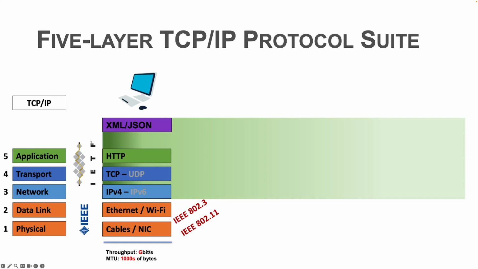However, one issue with this protocol suite is that it has been designed for Ethernet and/or Wi-Fi based technologies that come with high bandwidth and packet sizes, or maximum transmission unit MTU, in the order of 1000 plus bytes, which is not realistic for the Internet of Things.